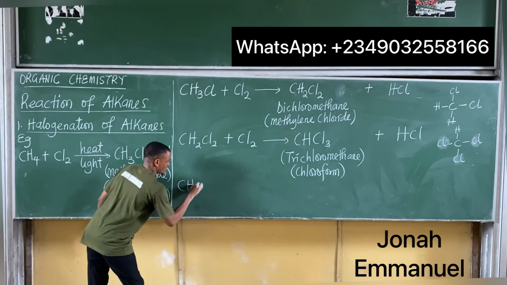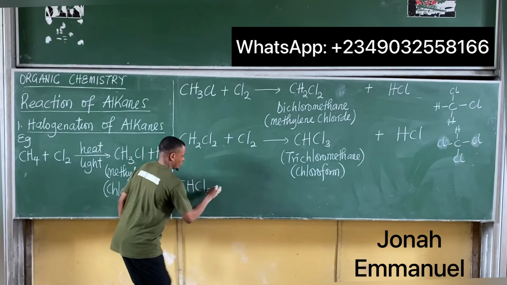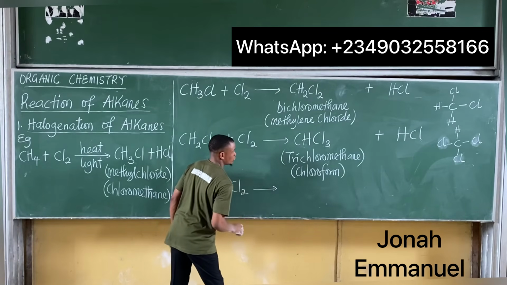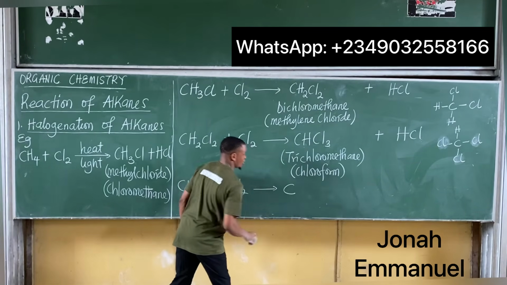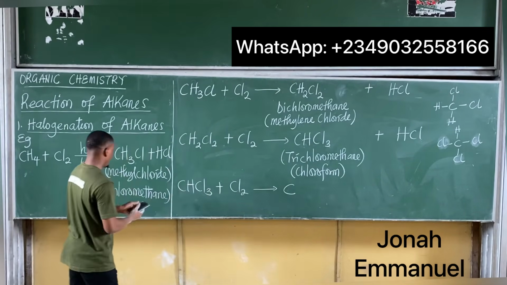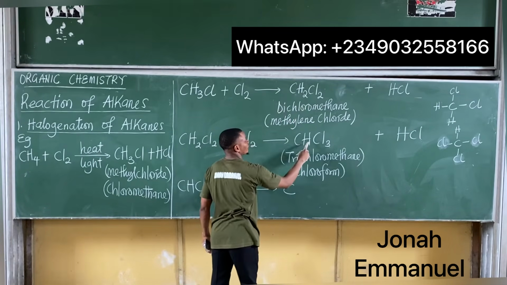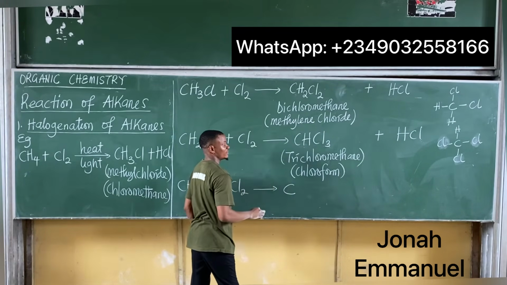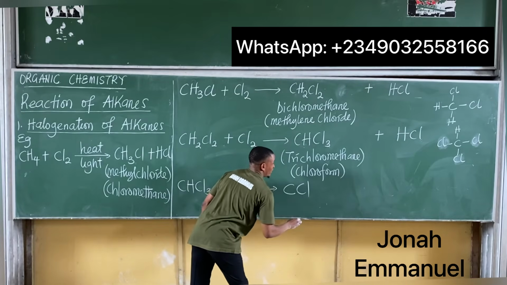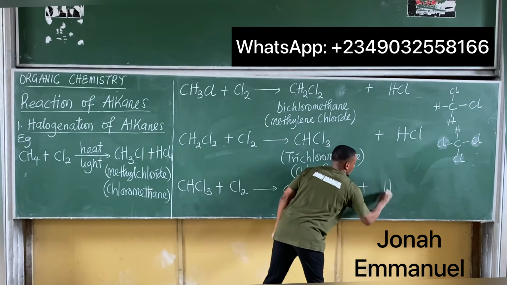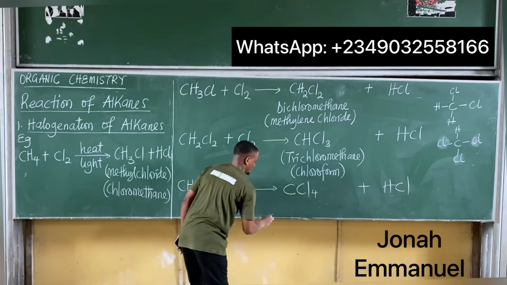CHCl3 plus Cl2 to give you what there? C, of course, hydrogen is now gone. From 3, it went to 2, from 2, 1, from 1, nothing is left. So CCl4, plus HCl. What's the name here?